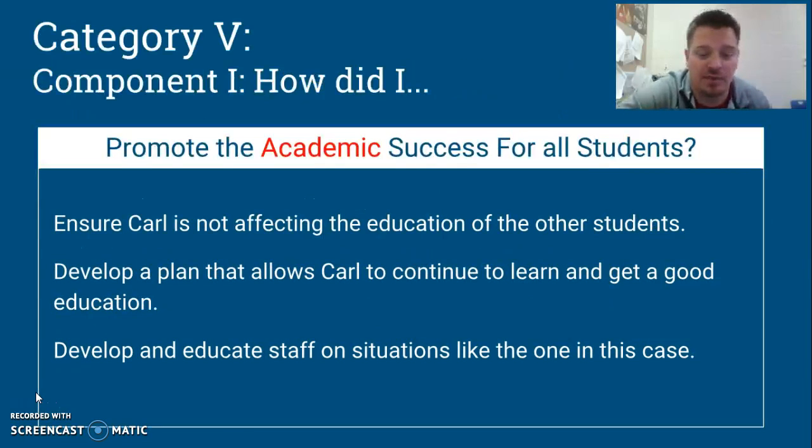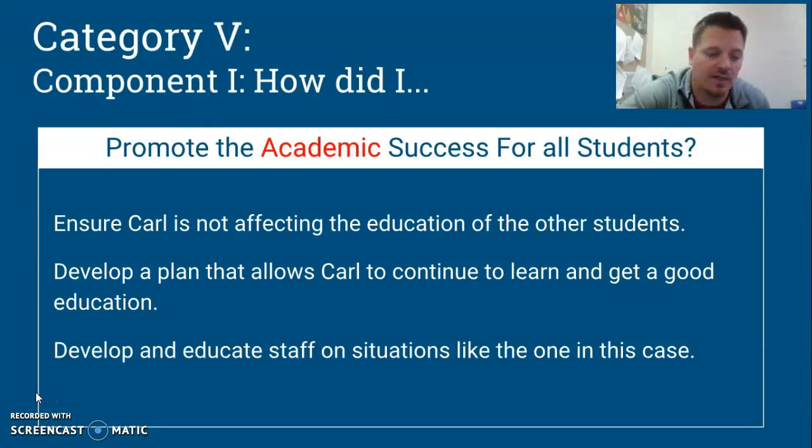Category 5 component: how did I promote the academic success for all students? First, was to ensure Carl is not affecting the education of other students. So by finding a plan that works for Carl and evaluating the situation and seeing if he needs to be removed or anything like that, the thing is to make sure that Carl is not affecting the education of the other students in the class, along with his own.